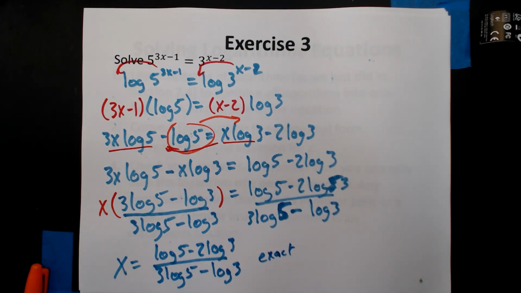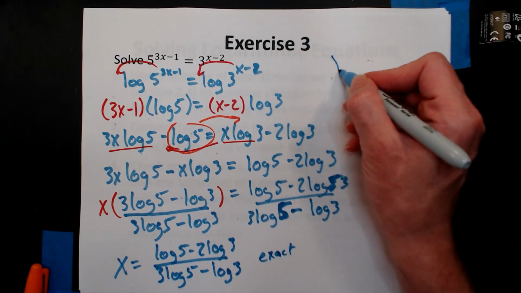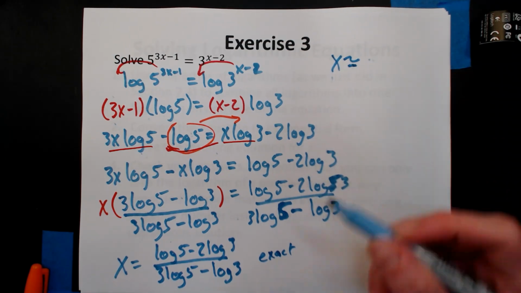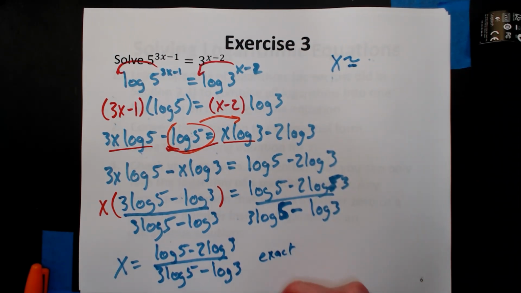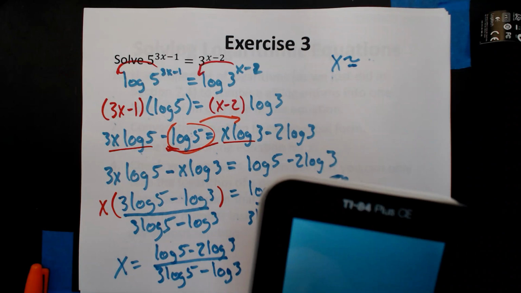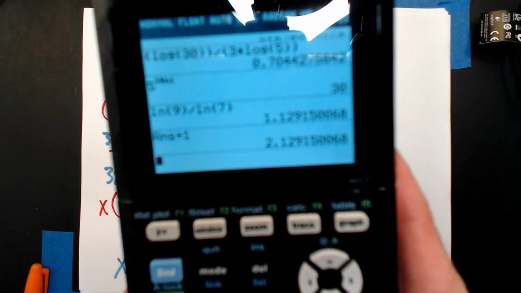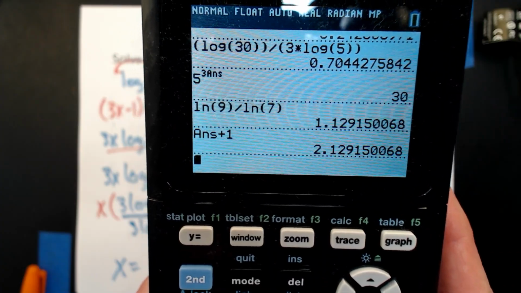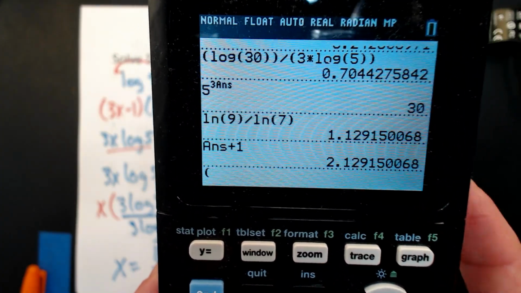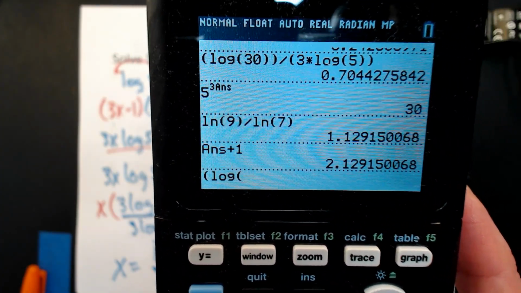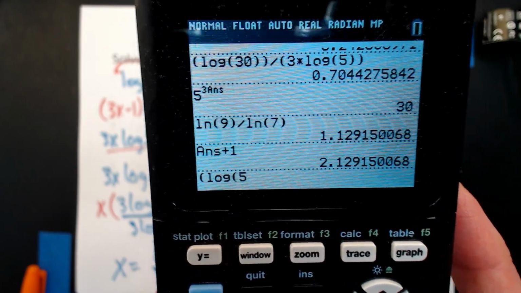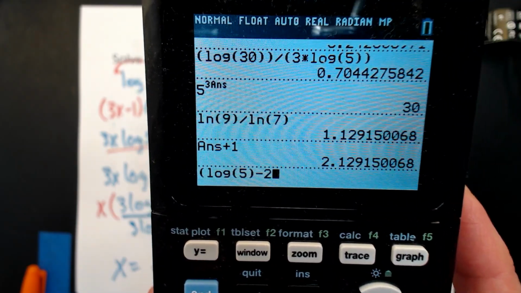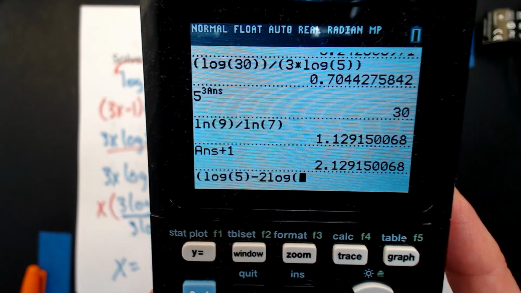And to figure out the approximate answer, this is where you have to be very careful with your parentheses and make sure you use them correctly. So now I'm going to get open parentheses log 5 minus 2 log 3.